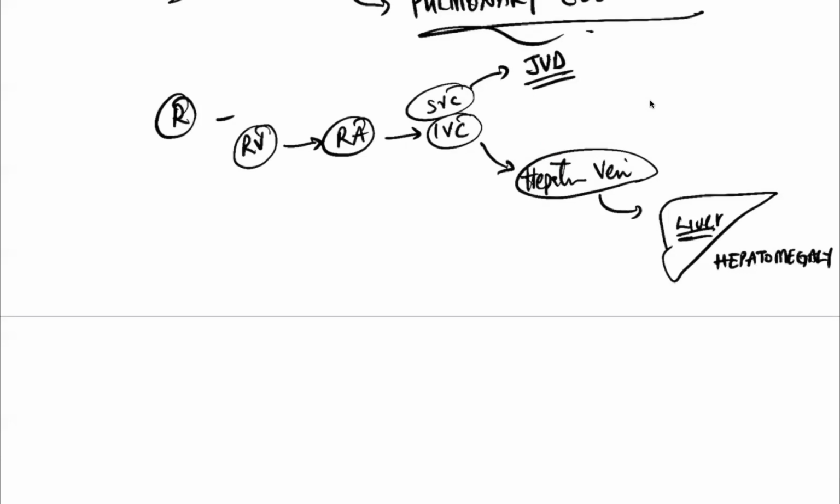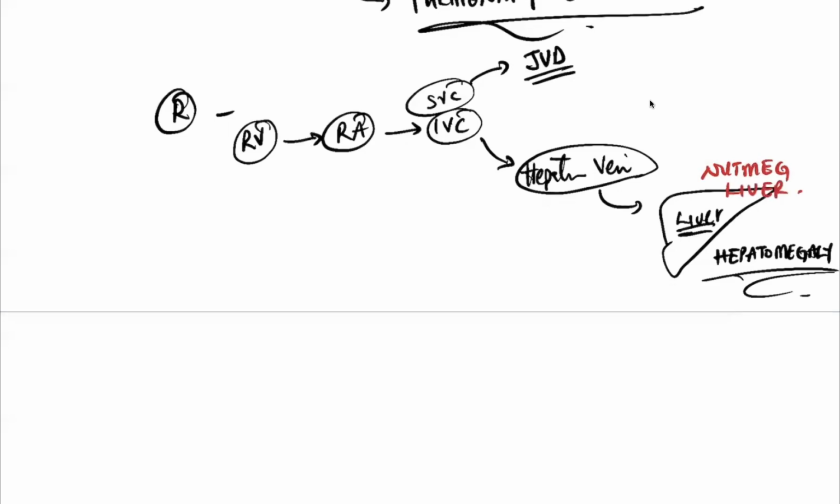Because the fluid is not just going to stay confined in the blood vessels, it's going to seep into the parenchyma, into the tissue of the liver. So increased capillary hydrostatic pressure within hepatic vessels eventually would cause hepatomegaly. You may remember that this hepatomegaly is also described as nutmeg liver.